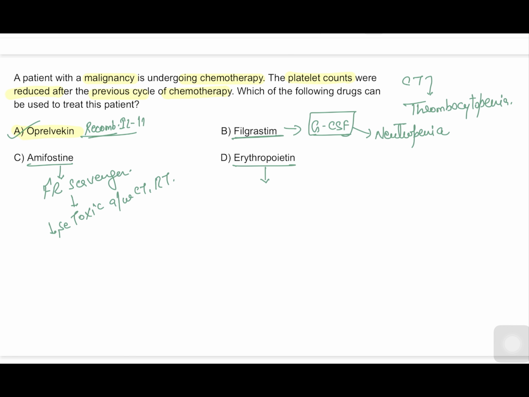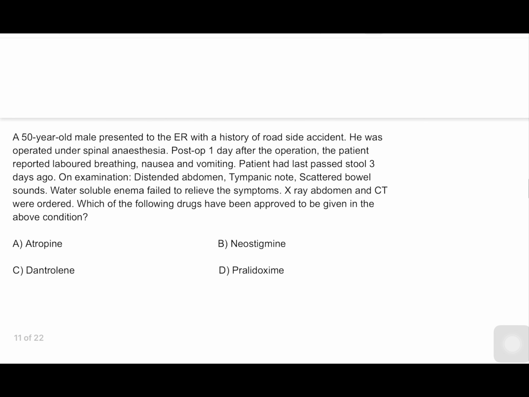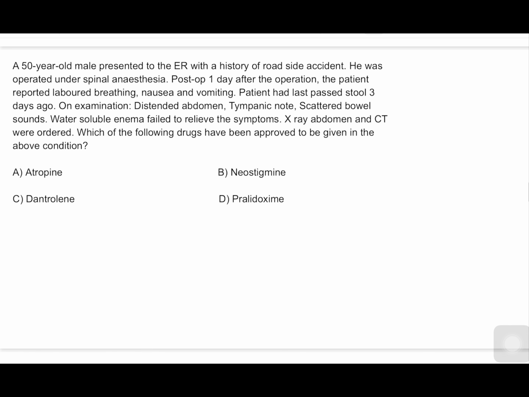Erythropoietin is mainly used to stimulate RBC formation. So it is used in patients who are having anemia with chronic kidney disease or any anemia because of chemotherapy. So in this condition they are asking us about the platelets. So the answer will be oprelvekin, which is a recombinant interleukin 11.